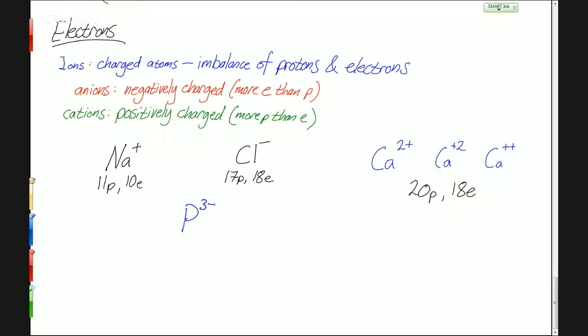Let's try phosphide ion, P3 minus. How many protons and electrons would that one have?